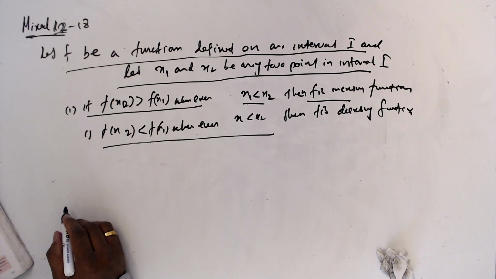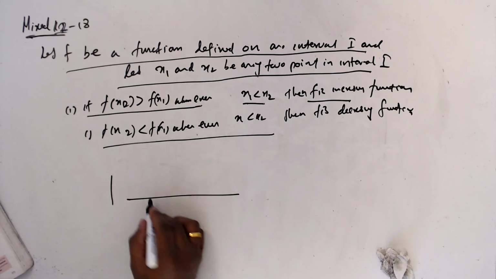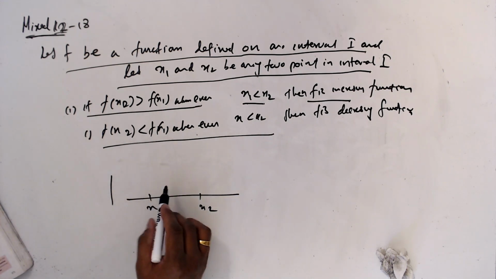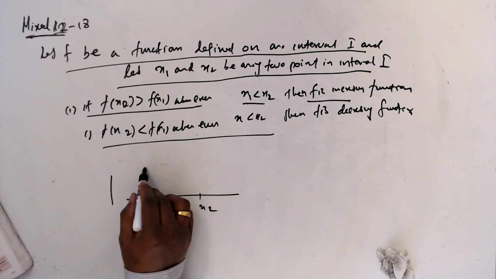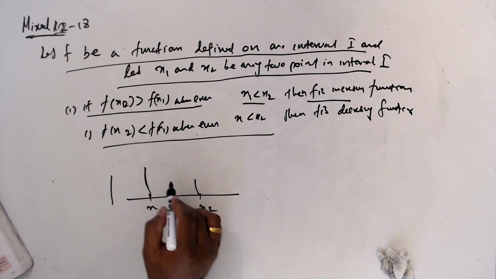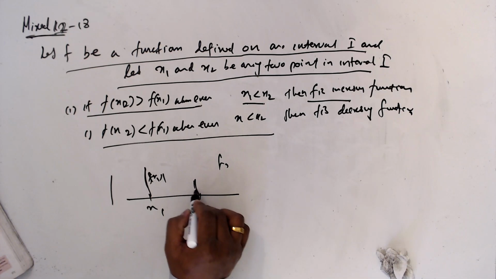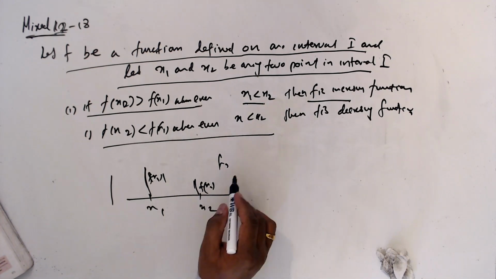So basically when you take an interval, this is x1 and x2, and f(x1) means the y value. This is f(x1), this side is f(x2).